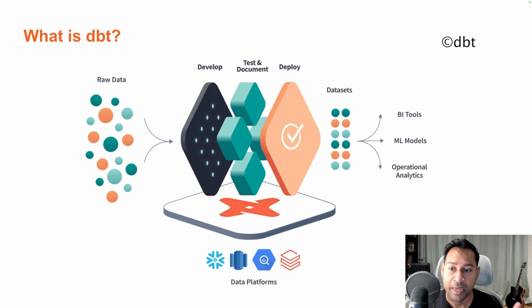You want to bring them in because you want to store the data, then get it ready for downstream consumption. When I say downstream consumption, this is the layer I'm talking about. Now, all of these things need to happen in the middle, which is the data transformation, testing, documentation, understanding your data lineage, and then finally deploying something which is production ready, right?